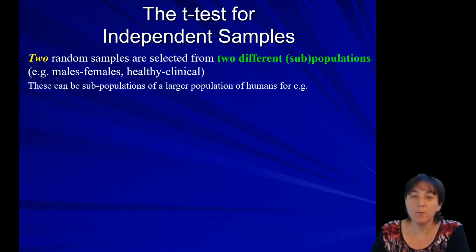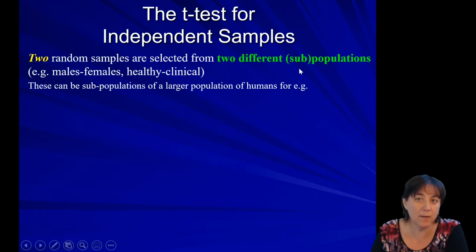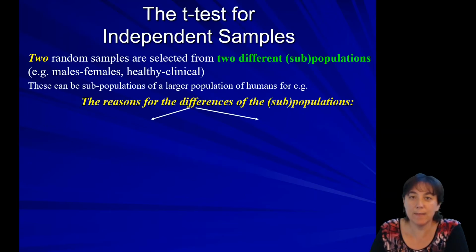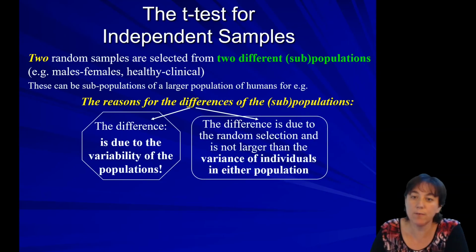Okay, so when we're testing independent samples, we have two random samples selected from two different, it could be subpopulations, but they are different populations. Question is if the differences we see are due to just variability of the population, or due to the random selection and not larger than the variance of the individuals of either population.